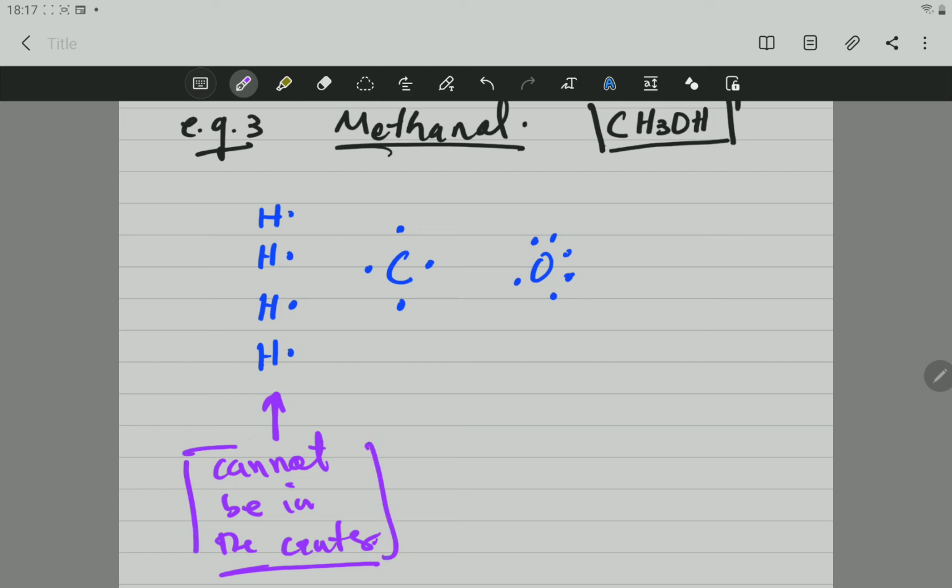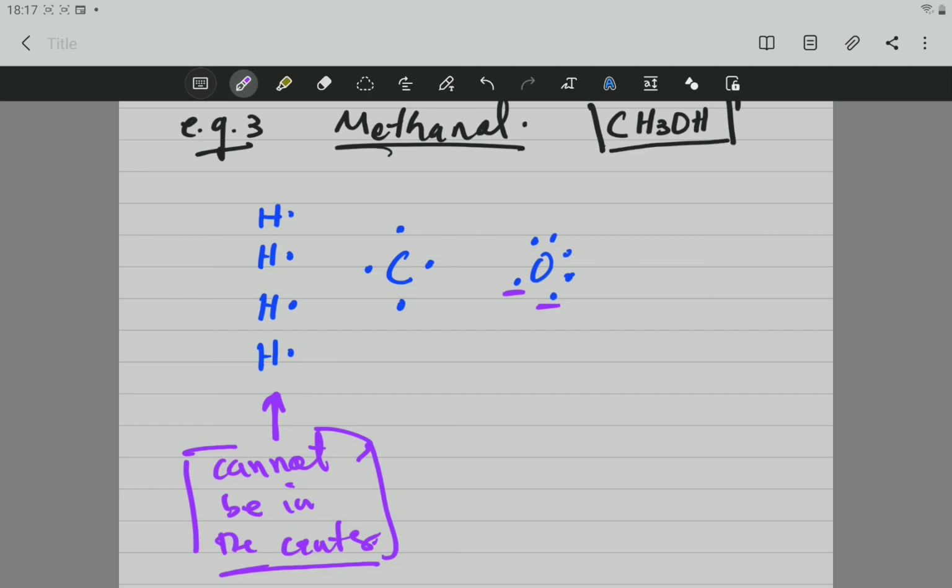It will be incomplete. You cannot place the other atoms. Oxygen can only form 2 bonds. So if you get 2 hydrogens for oxygen, then the carbon is out of the story. So oxygen cannot be in the center.